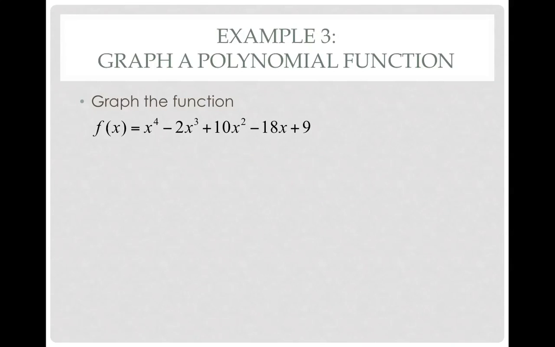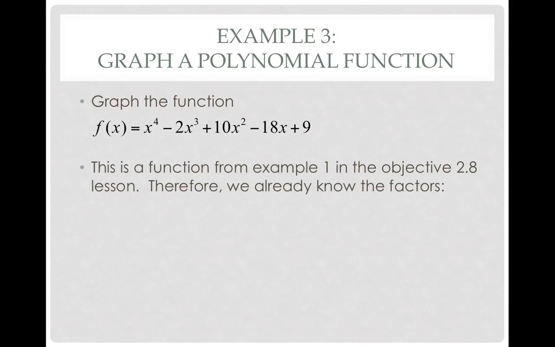Here we're looking at the function x to the fourth minus 2x cubed plus 10x squared minus 18x plus 9. Again, I've chosen a problem that we've already worked in a previous lesson, and so we already have the factors to this, which are x minus 1, and x squared plus 9.